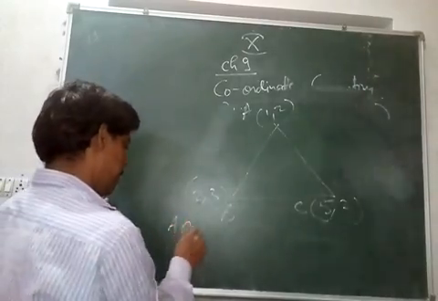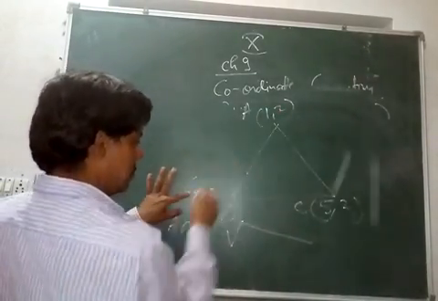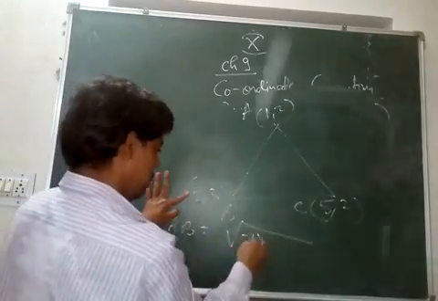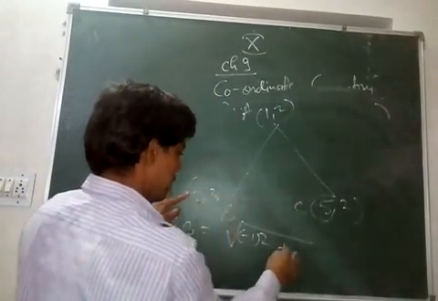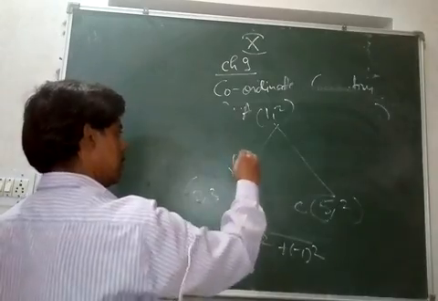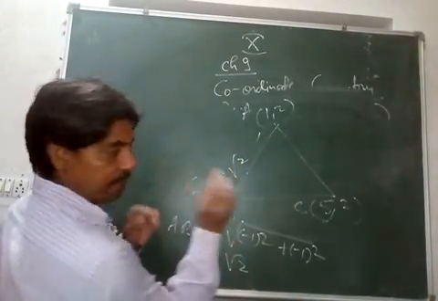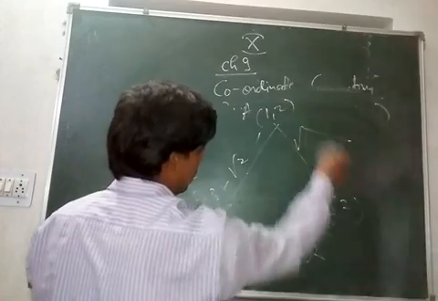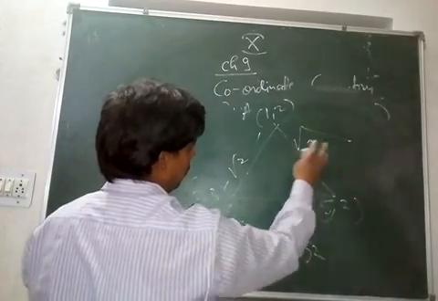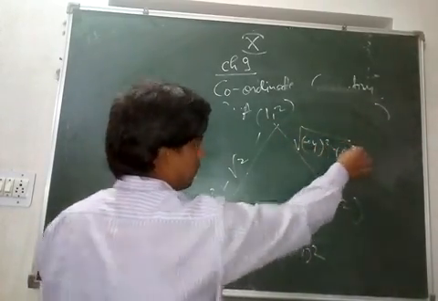So AB: 1 minus 2 is minus 1, minus 1 squared, 2 minus 3 is minus 1. So 1 plus 1, root 2. So this distance is root 2 units. AC, I am doing it directly if you can follow. Root of (1 minus 5), minus 4 squared, plus 0 squared.